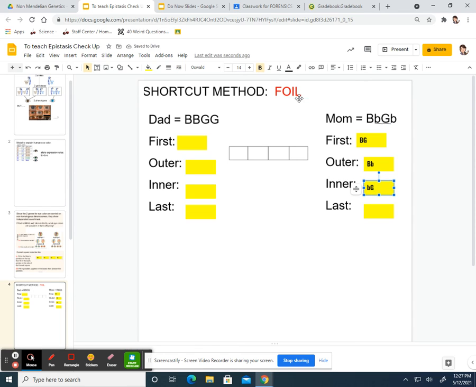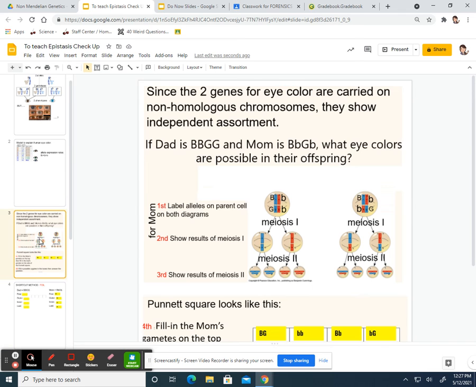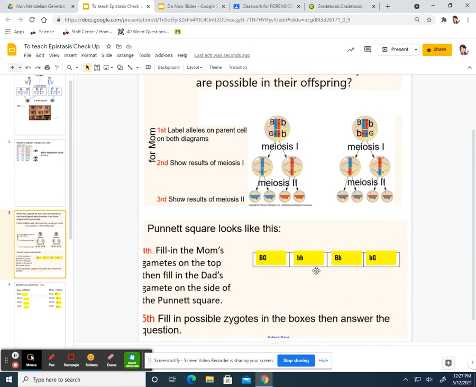And then the L in FOIL is referring to the last allele in each gene pair. So that would be the little b here and then the little b here. And you will notice that using this FOIL method, I was able to achieve the same exact combinations as I did working through the meiosis that could have occurred.